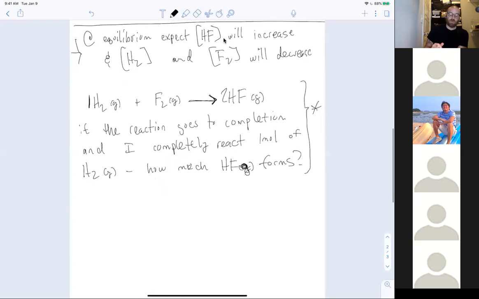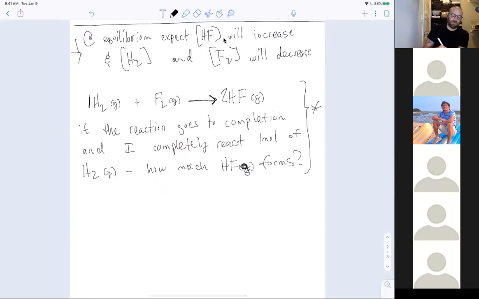Yeah, so we'll form two. If I have 2 moles of hydrogen gas, let's say I change it slightly, and I react that completely, how many moles of HF will I form? 4. So there's this relationship between these. This is where these algebraic expressions come from.